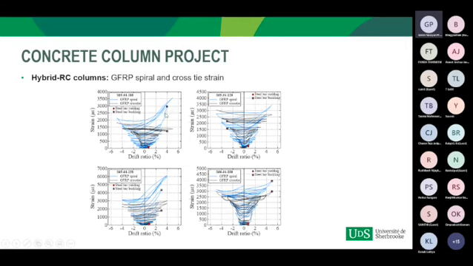At this point, a large amount of strain developed. The confinement effectiveness of the steel ties beyond the yield strain of 2000 microstrain was found to be insufficient, whereas the strain developed in the GFRP spiral and cross tie went beyond 2000 microstrain and provided effective confinement until the failure of the column.